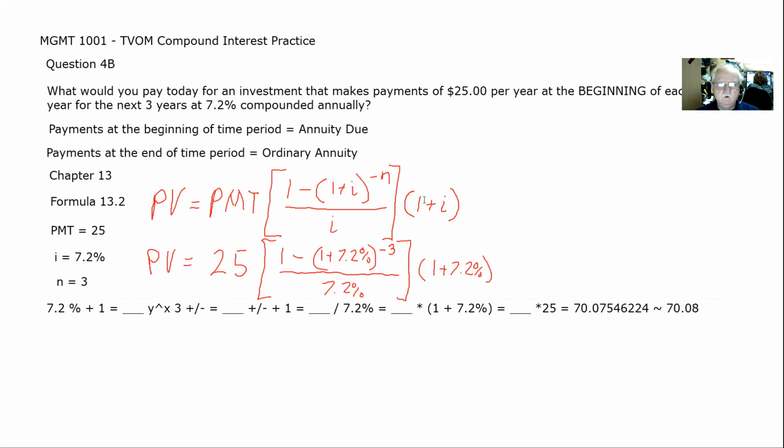And again, although it's important to know how to use the actual formula, and we can see they're getting uglier as we go, we also want to be able to use Microsoft Excel. So let's go over to Excel and see if we get the same answer.